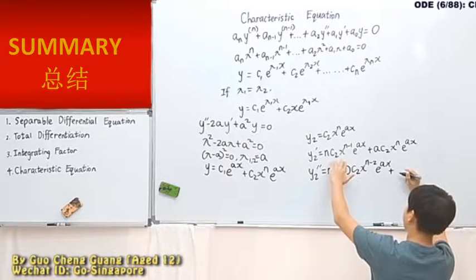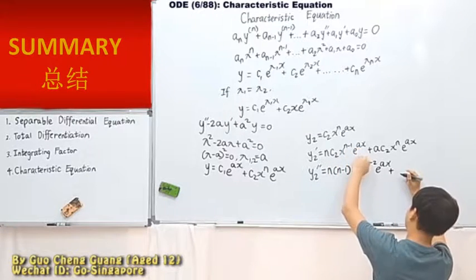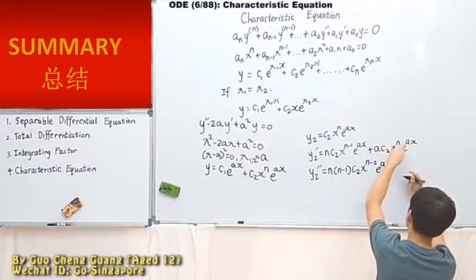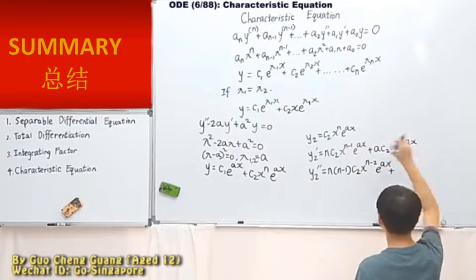So we went from this part. This part you can differentiate, a times n times this whole thing. But here when you differentiate this x to the power of n, you'll get another of the same thing.